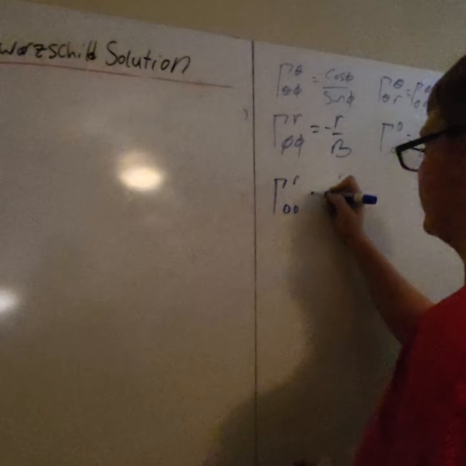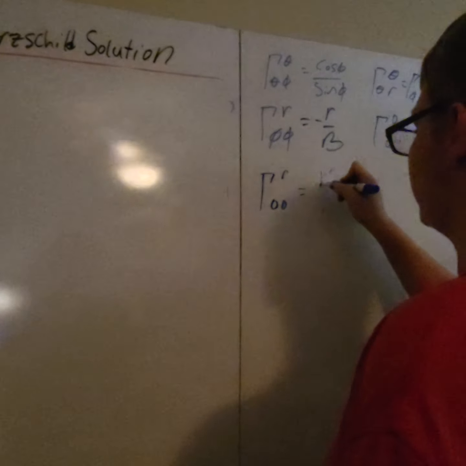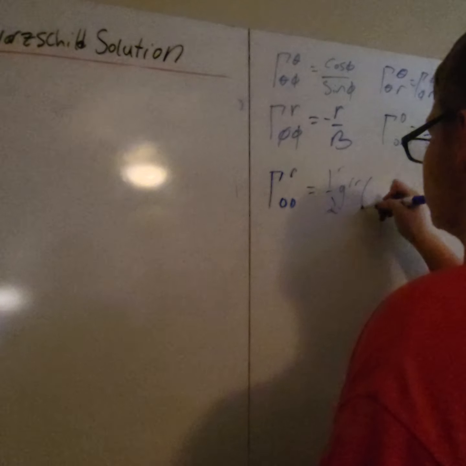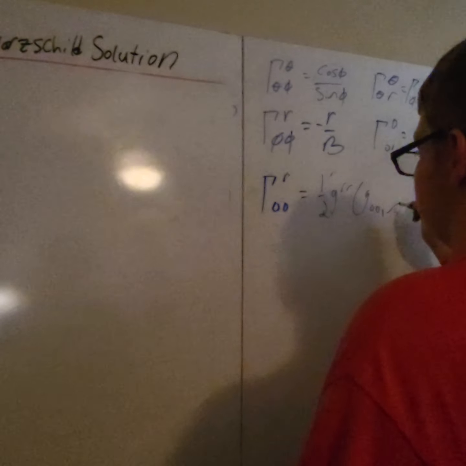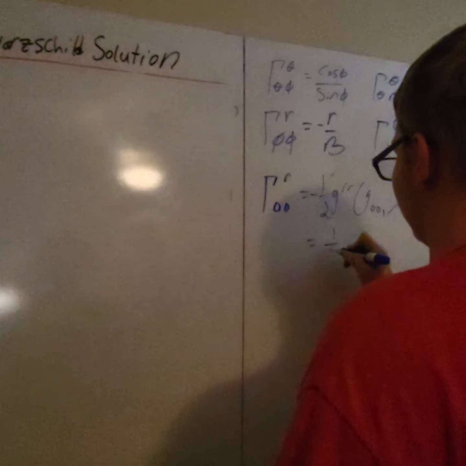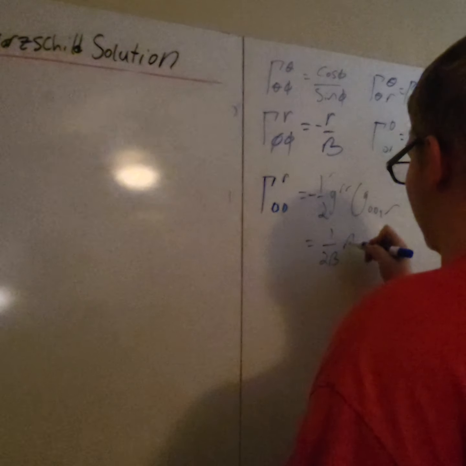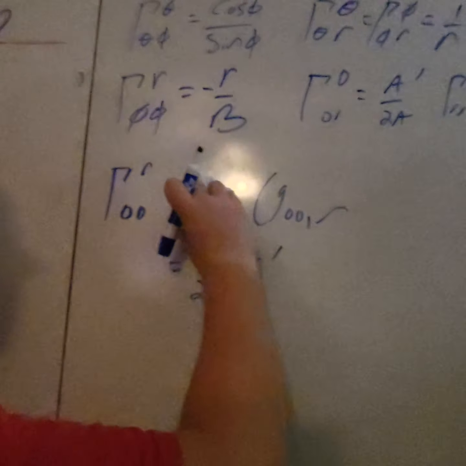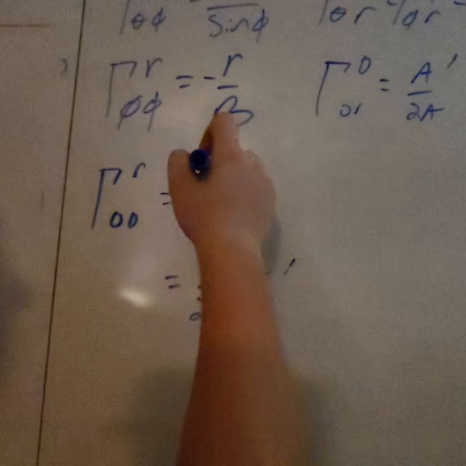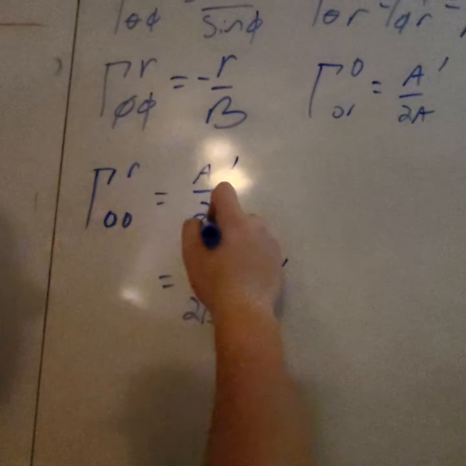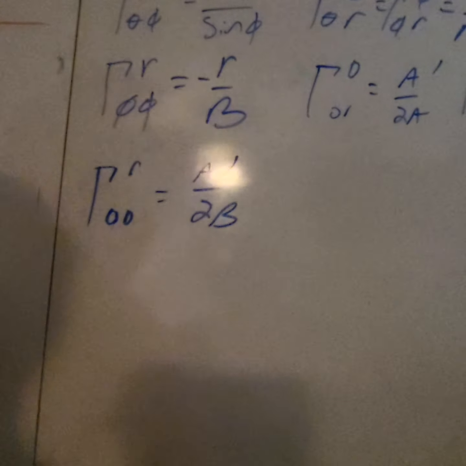So we only need one more component, and then we can plug all this in. 1/2 GRR, GR negative equals 1/2 BA. So we know that already.